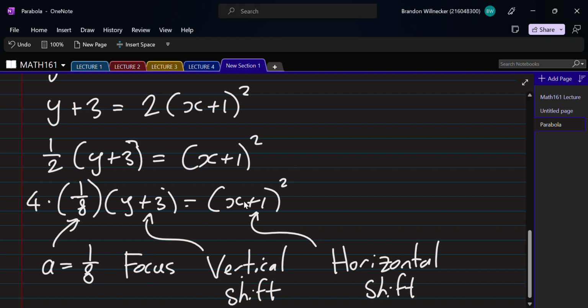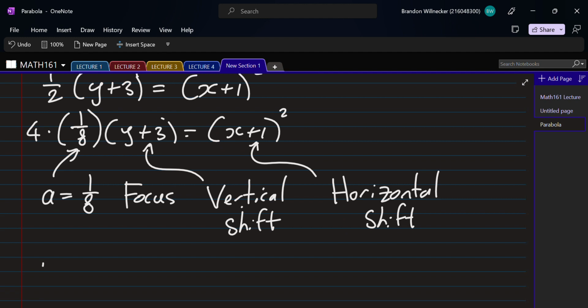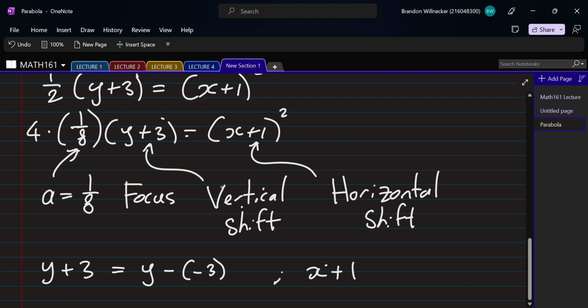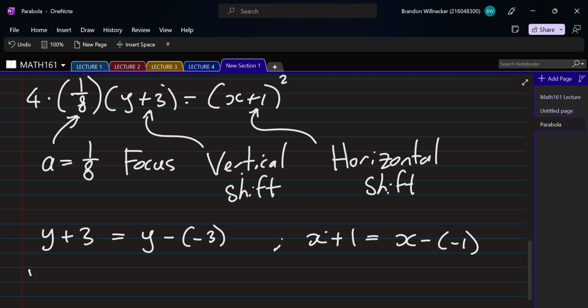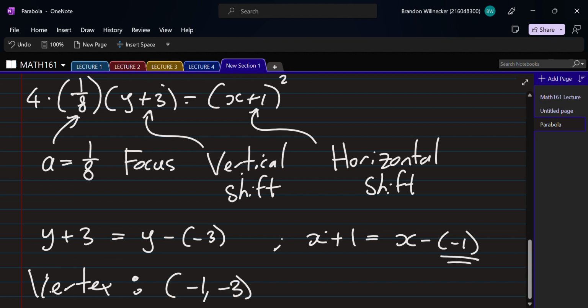Let's put that down. Since it's y plus 3, we can write that as y minus minus 3, and x plus 1 we can write as x minus minus 1, which means the vertex, or the turning point, will be at minus 1, minus 3. We can just read off these values like so. Okay, so that's the vertex.